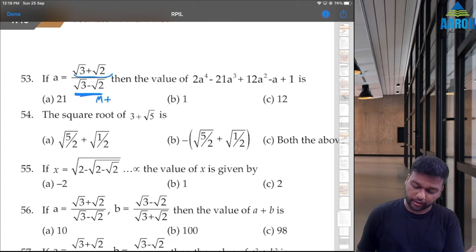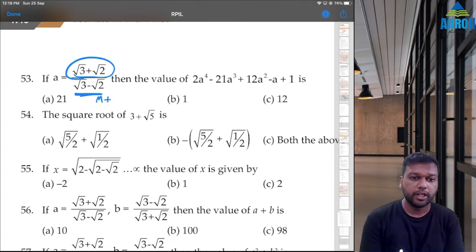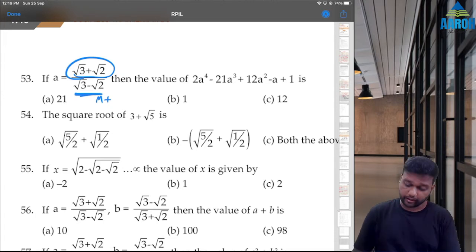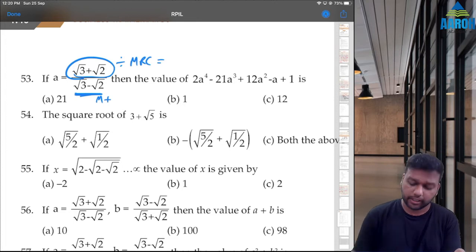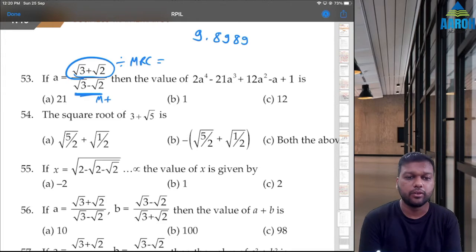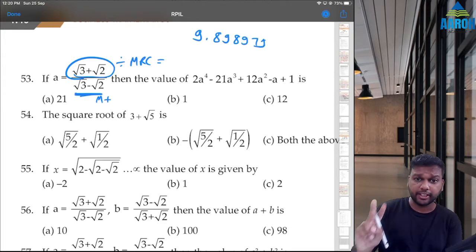Now numerator, 3 root plus 2 root, okay, equal to, now you have got numerator, you have to divide this by memory, because in memory we have the denominator, right? So divide this by MRC and equal to, that gives us 9.898979 something. Okay, clear the memory, always press MRC twice.